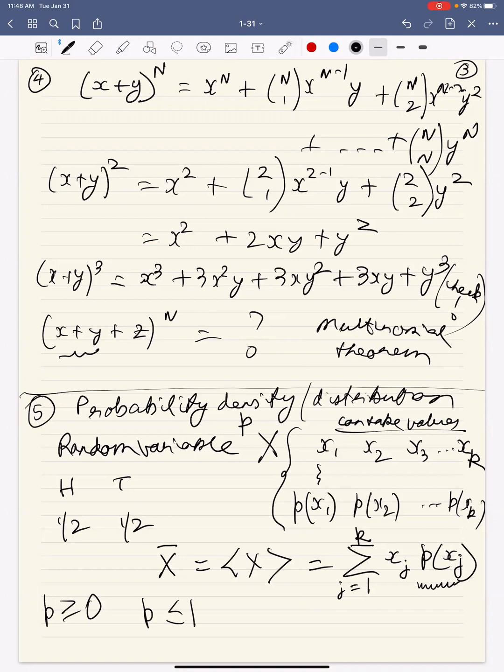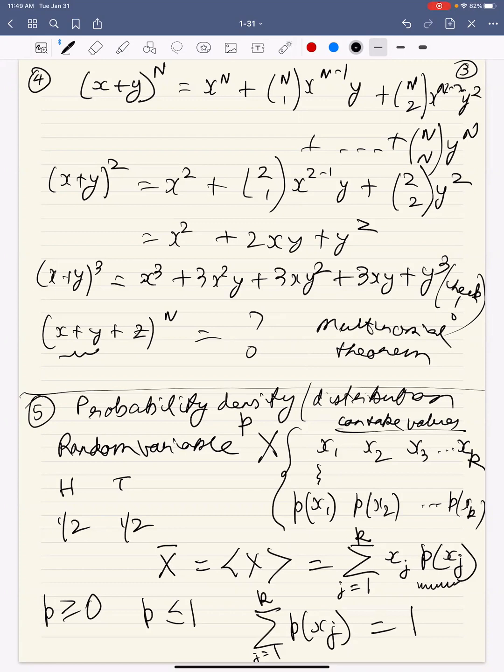What else? It should sum up. The random variable has to take some particular value, right? If the summation of P of xj is not equal to 1 when you go from 1 to k, then you have a problem, okay? And the probability distributions are really the heart of StatMech, because Boltzmann's distribution is an example of a probability distribution, right?